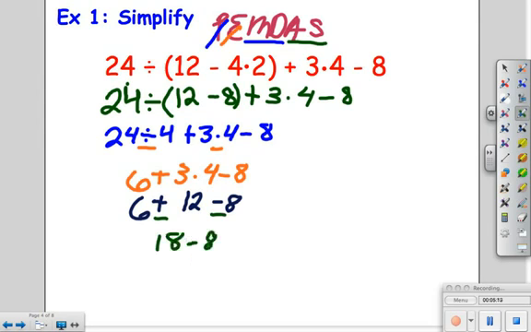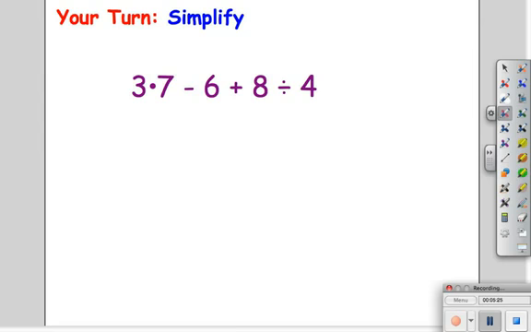Addition and subtraction, I'm going to work those left to right as well. In this case, addition shows up before subtraction. So that's going to give me 18 minus 8, which leaves me with a final simplified answer of 10.